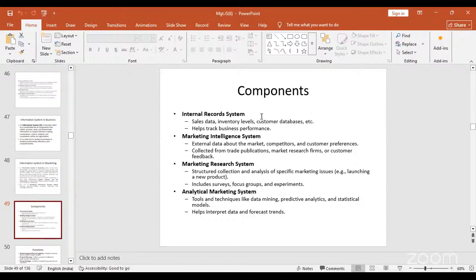We find what is the sales amount, which product sells more, which product sells less. That is the sales data. Inventory level, what is the stock level, that is also needed in marketing, because whether it is in stock or out of stock, it will show in the system.